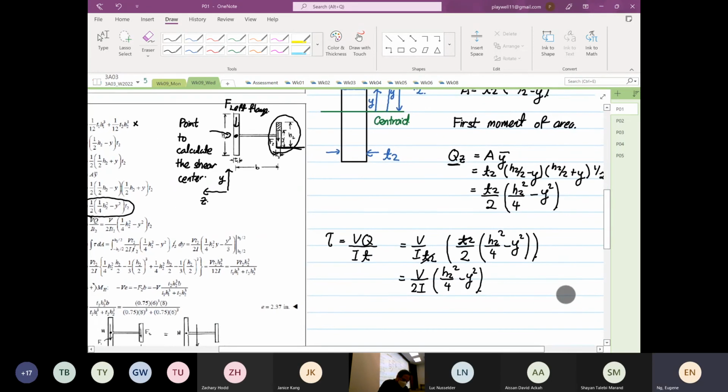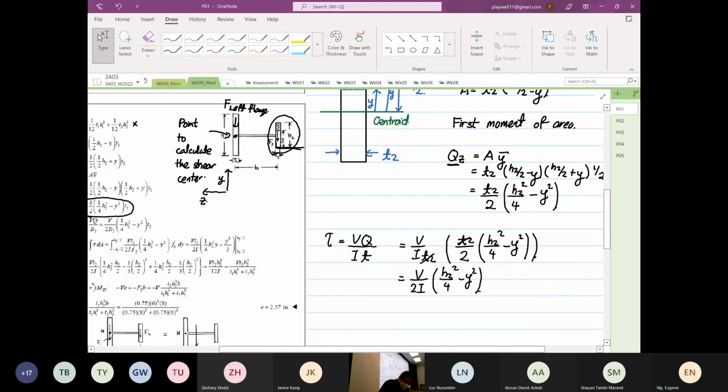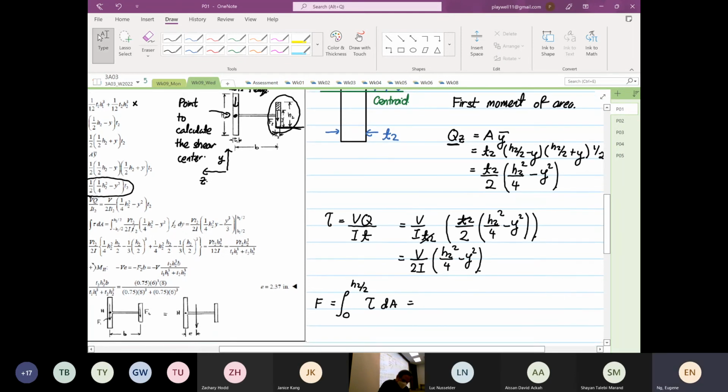Next, we are going to find our force. So we integrate in the limits of y from 0 to h2 over 2. Okay. And then the shear stress multiplied by the change of the cross-sectional area, right?